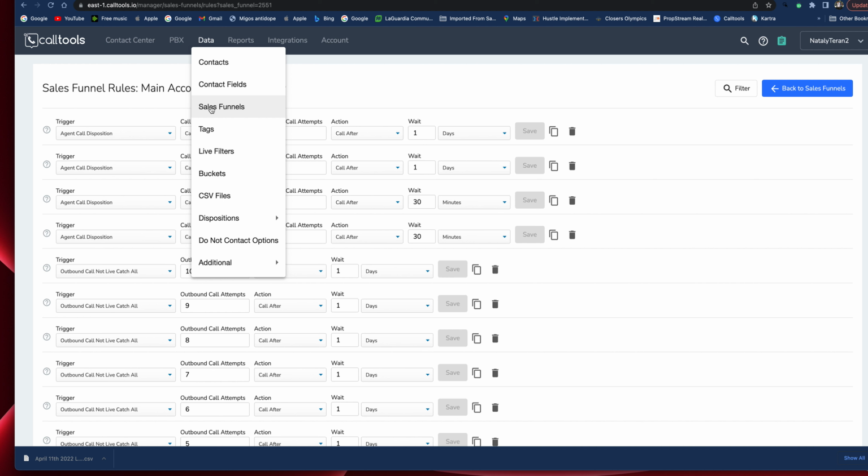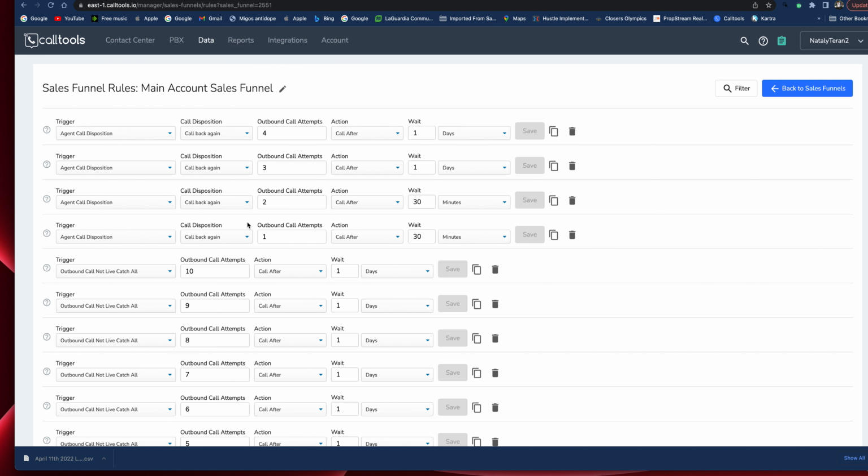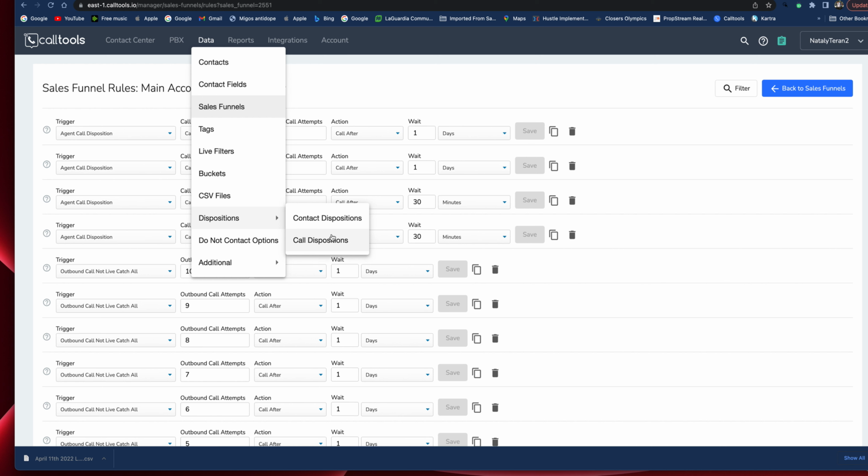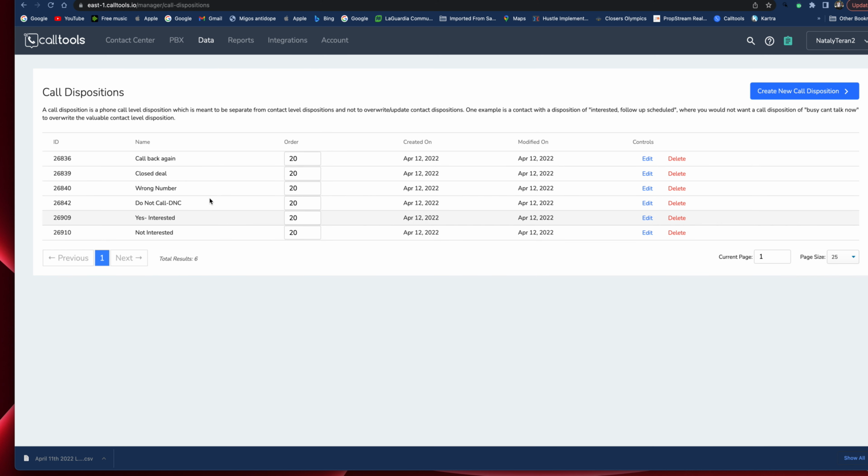So we went over what you put in your sales funnel. We went over the specific call dispositions that I have. Call back again, which is going to call them back. Close deal, which just means this person is already someone worked with, and it's a deal done. Wrong number, DNC list, yes, interested, not interested.